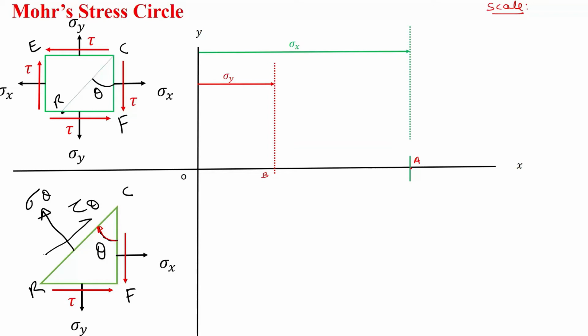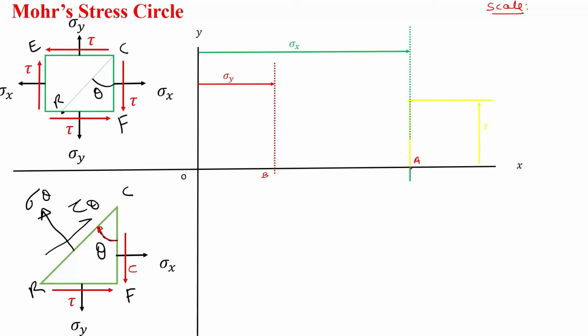Now on this plane where the sigma x is acting, there is shear stress tau. So according to our scale, at a point in the vertical direction, because the vertical axis is the measure of shear stress, we mark the value of tau.